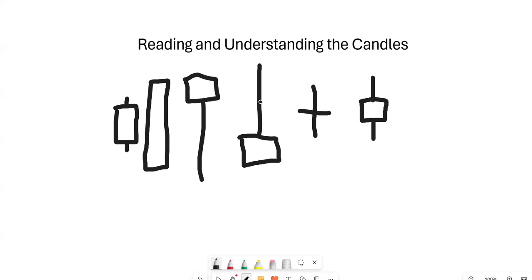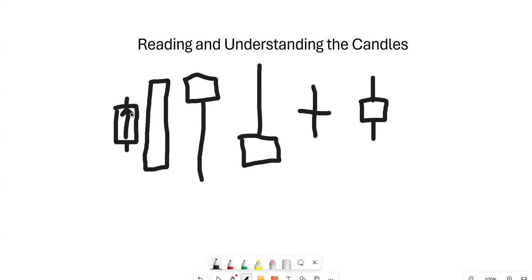This first candle and this last candle, they're almost kind of similar. Whether they're up candles, this candle here, candle number one. What happens here is, say for instance, this is an up close candle.